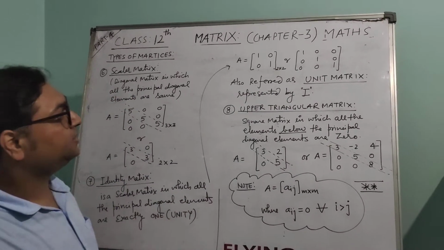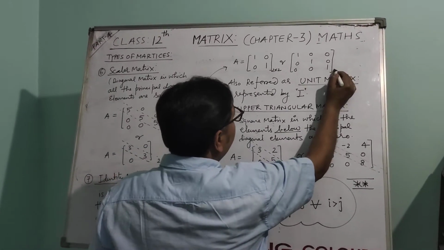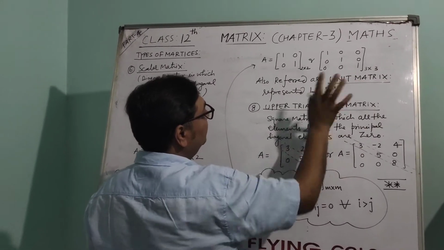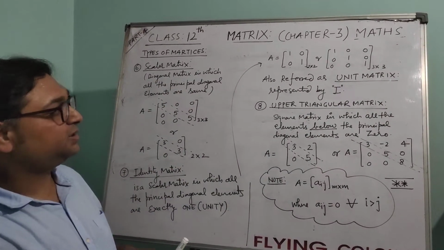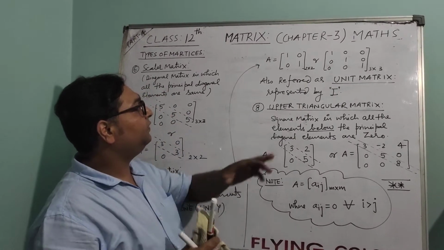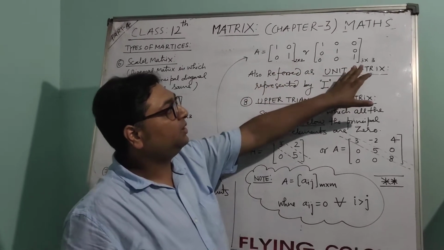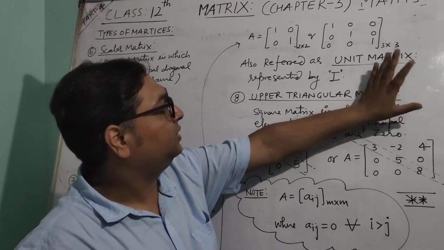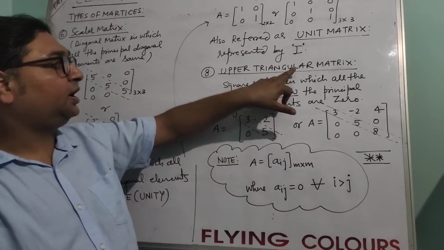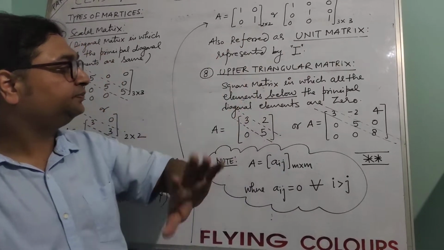And this is the identity matrix of 3 by 3 order. It is also referred to as the unit matrix and generally represented by I. In our class 12, we will deal only with 2 by 2 and 3 by 3 type of identity matrix only, right?